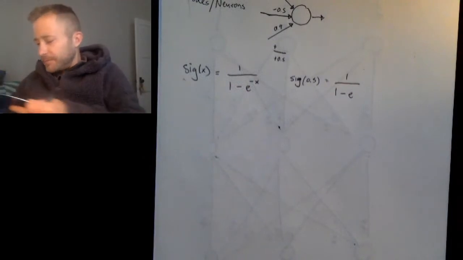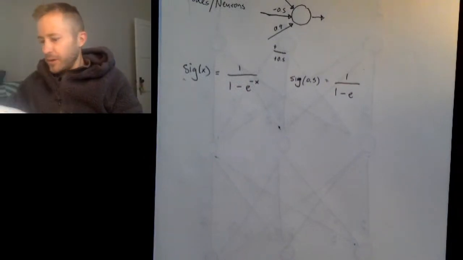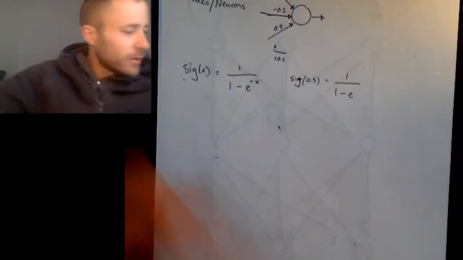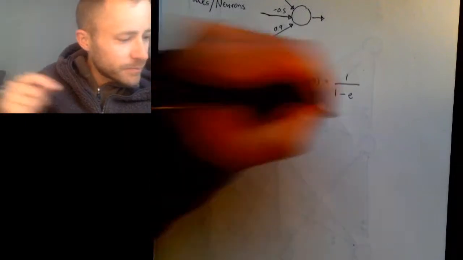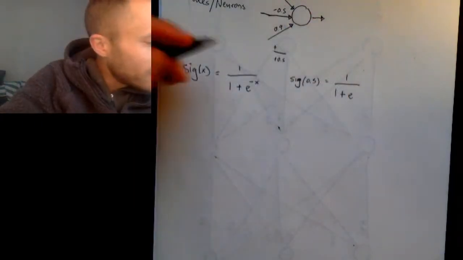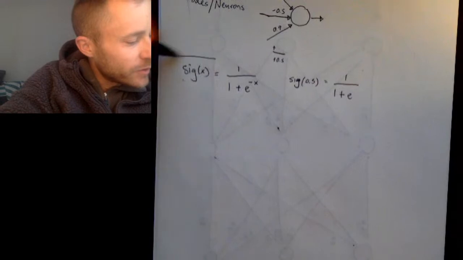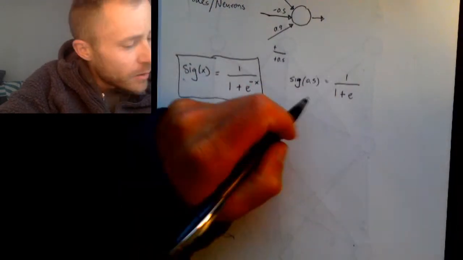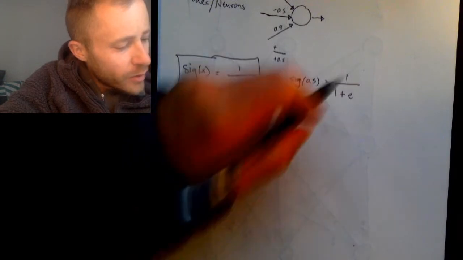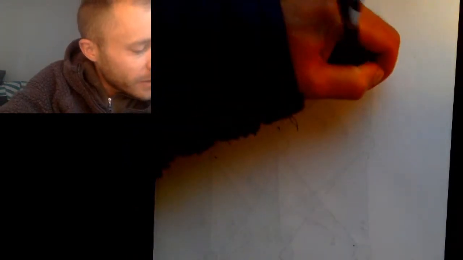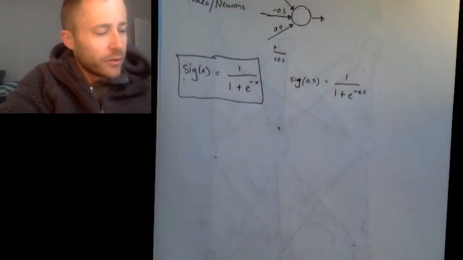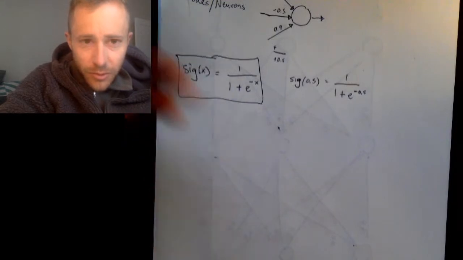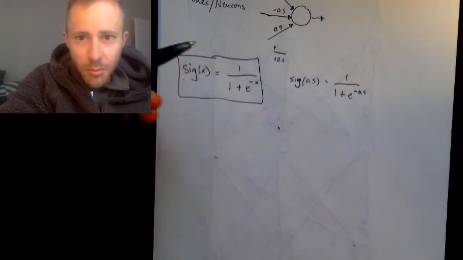No, I didn't get it right. I'm sorry, guys. That's what I thought. This should be a plus. So this is the definition of sigmoid. That would be 1 over 1 plus e to the negative 0.5. By e, I mean the transcendental number 2.71, blah, blah, blah.